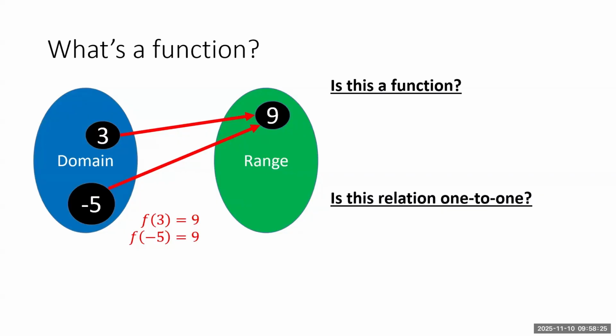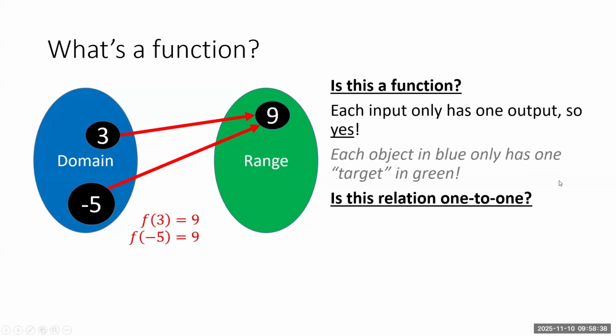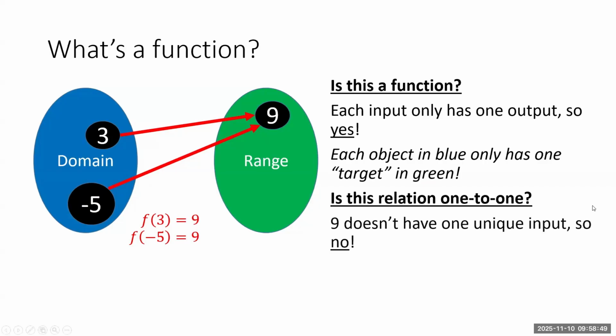Then I have the information f of 3 equals 9 and f of -5 equals 9. Is this a function? Each input has only one output. So yes, each object in the domain has only one target in the range. Is this relation 1 to 1? 9 doesn't have one unique input, so no. 9 is targeted twice.